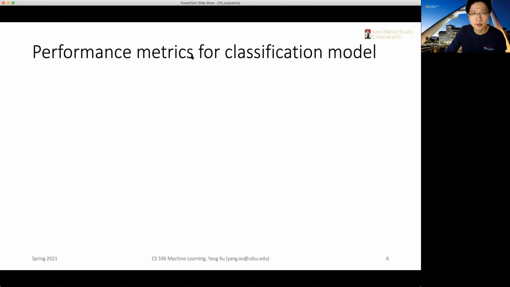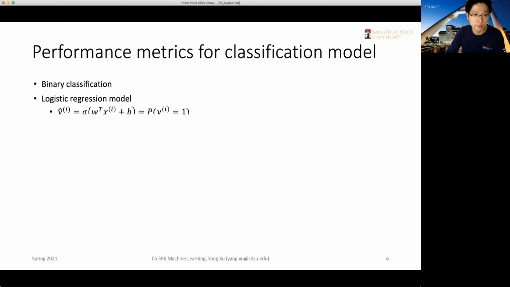Alrighty. So let's look at the classification model. It's of course different from a regression model. Let's simply use binary classification, which is the simplest case, and we already know about the logistic regression model. What this model does is use the linear combination of the features and our parameters and feed it into a sigmoid function.